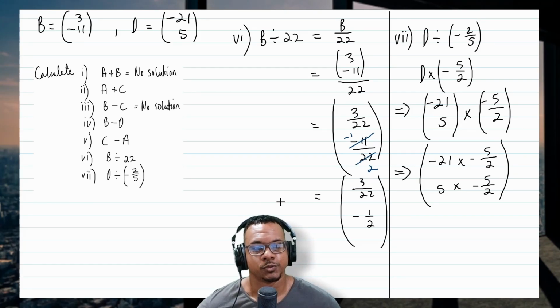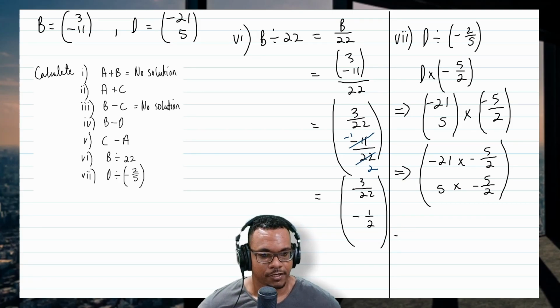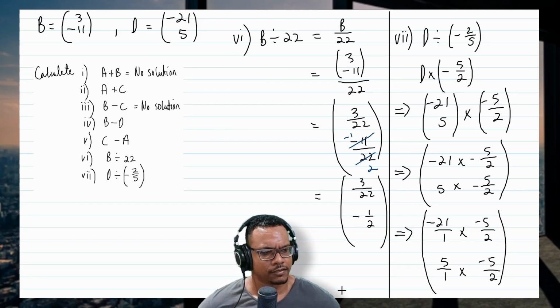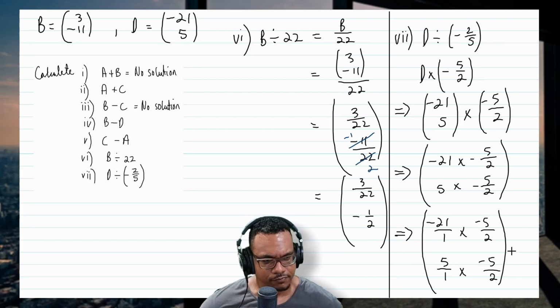So my next step to cancel: negative 21/1 multiplied by negative 5/2, and 5/1 multiplied by negative 5/2. Equal sign here, and squeeze the answer.